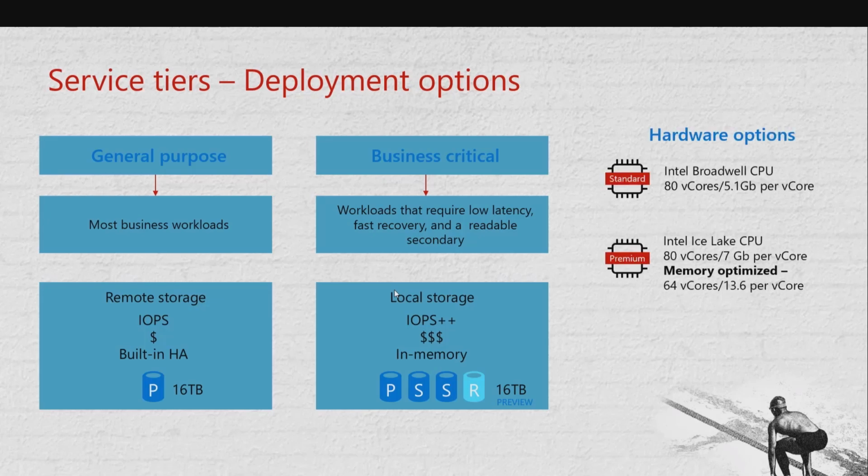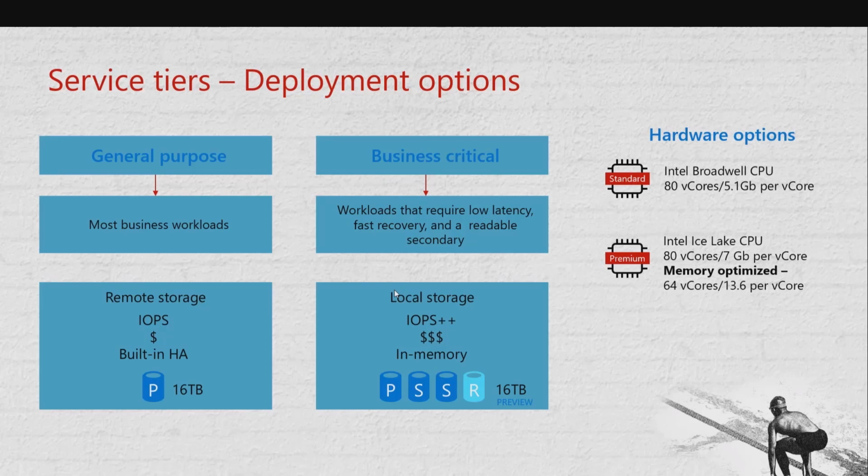Of course, you can use such things as in-memory and other services. We've got the hardware options. Right now we've got the standard series, which uses Intel Broadwell CPUs and supports up to 5.1 gigabytes of RAM per vCore. We already have in general availability the premium series, which contains 7 gigabytes of RAM per vCore and the wonderful, absolutely mind-blowing fast Intel Ice Lake CPUs.